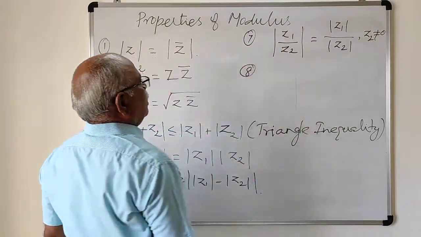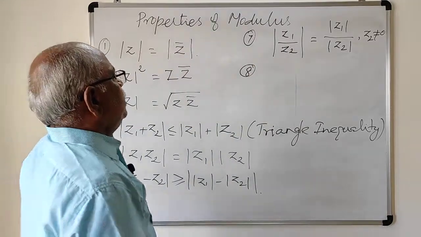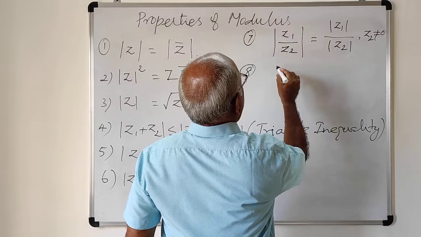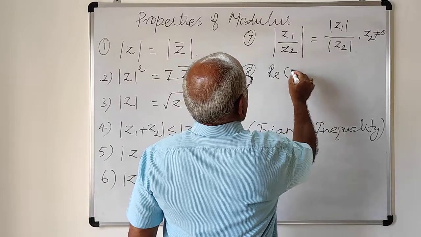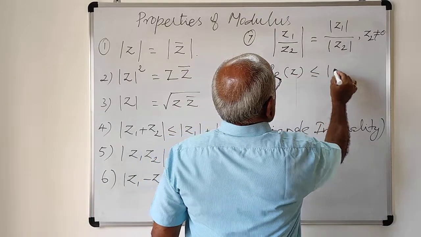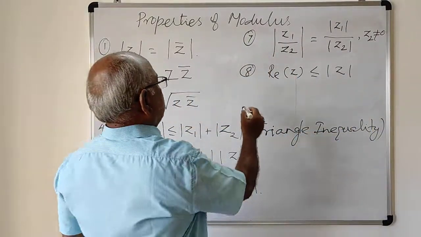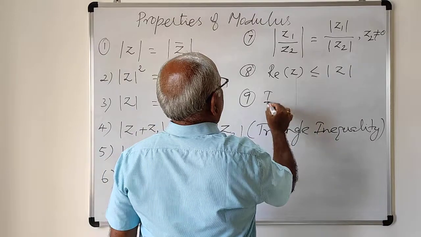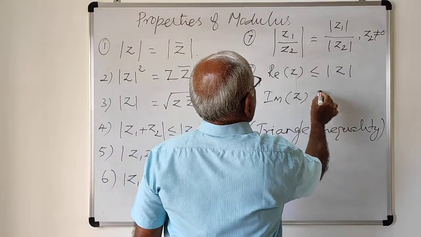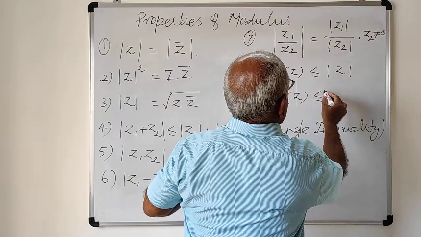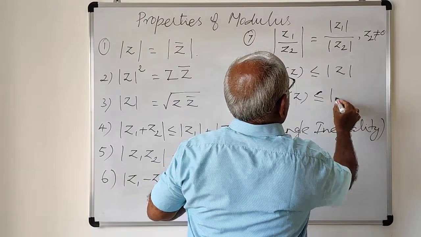And the eighth one is real part of z is less than or equal to mod z. Ninth one, imaginary part of z is also less than or equal to mod z. I will explain these two properties later.